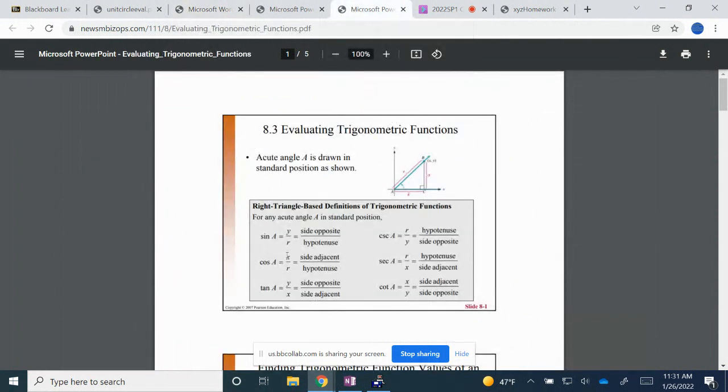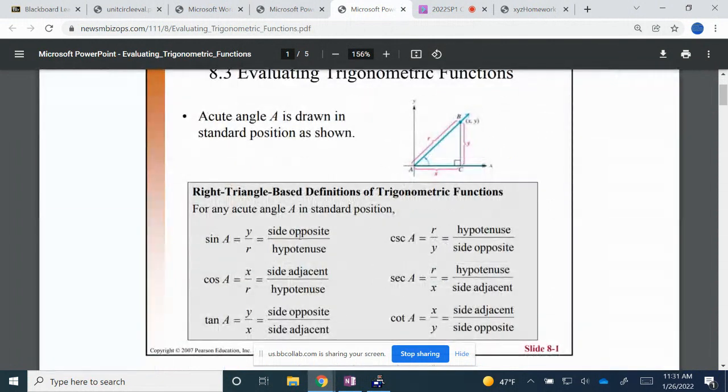Right? So what I mean by twofold, notice that if we're in an x and a y axis system, right, when we talked about the unit circle, right, that unit circle is in an x and y axis system. We had the first set of functions. So the sine of A is equal to y over r, right? So keep in mind, in the unit circle, the radius is 1.